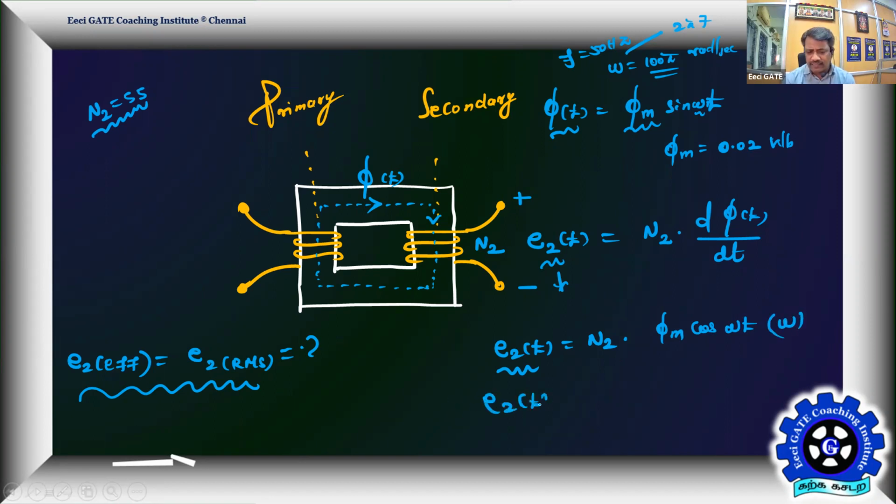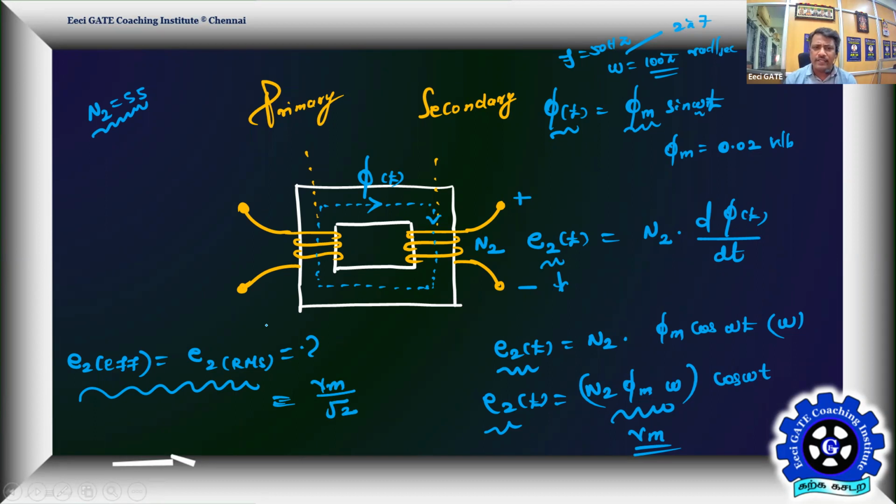Therefore, e2 of t will be N2 phi m into omega into cos omega t. This is going to serve as the peak value of the induced EMF. The RMS value is equal to Vm by root 2. That's all. Hereafter it's a simple formality, which people remember by some other means.